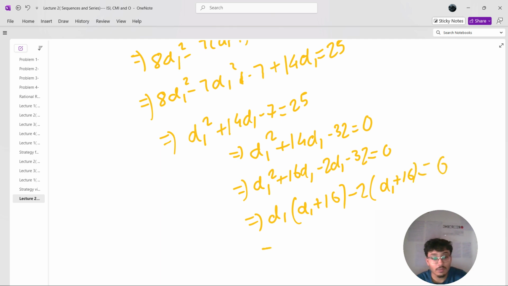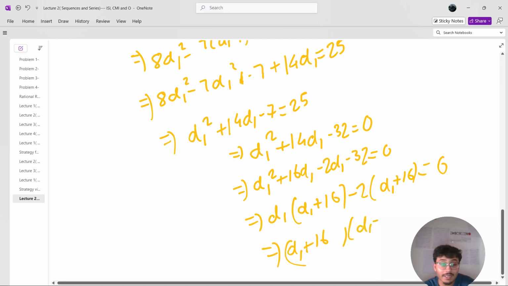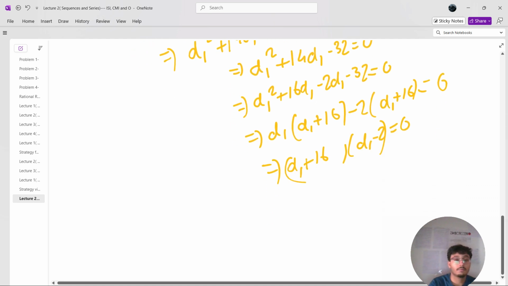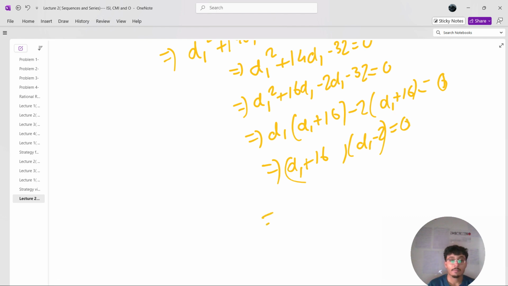So ultimately what I'm getting is (d1 plus 16) into (d1 minus 2) equals 0. So here I can get d1 to be 2 and d1 to be minus 16.